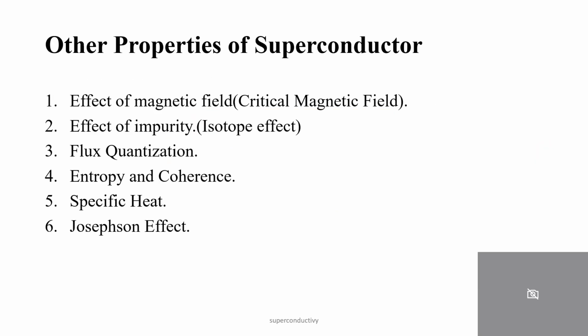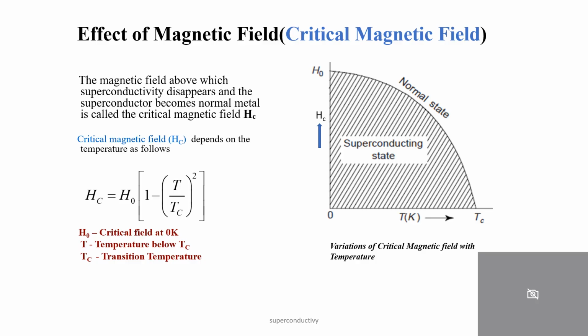There are other important properties of superconductors such as effect of magnetic field, effect of impurity, flux quantization, entropy and coherence, specific heat, and Josephson effect. First, we will discuss the effect of magnetic field.